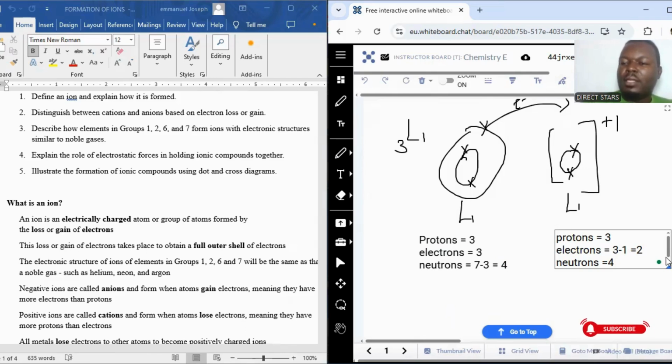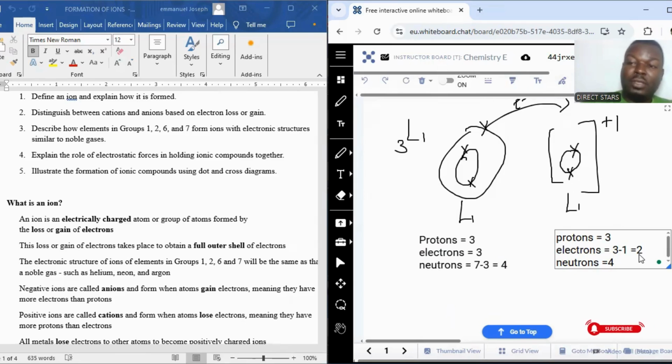Now, if you look at this, you have 3 positive charges, that is protons, in the cation of lithium, and then you have 2 electrons. So there will be a net charge of +1, that is +3 minus 2. Electrons are negatively charged, so having 2 electrons means -2.